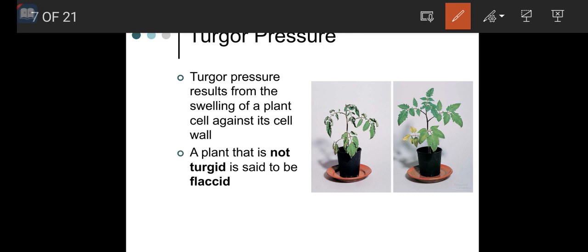It is the turgor pressure. The turgor pressure results from the swelling of a plant cell against its cell wall, and a plant cell that is not turgid is said to be flaccid.